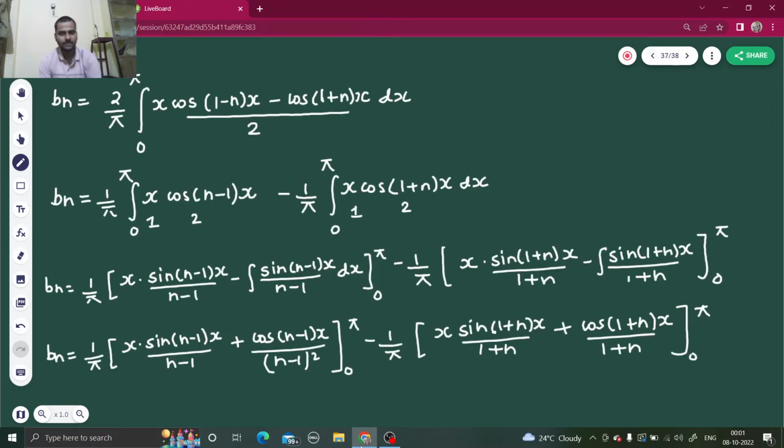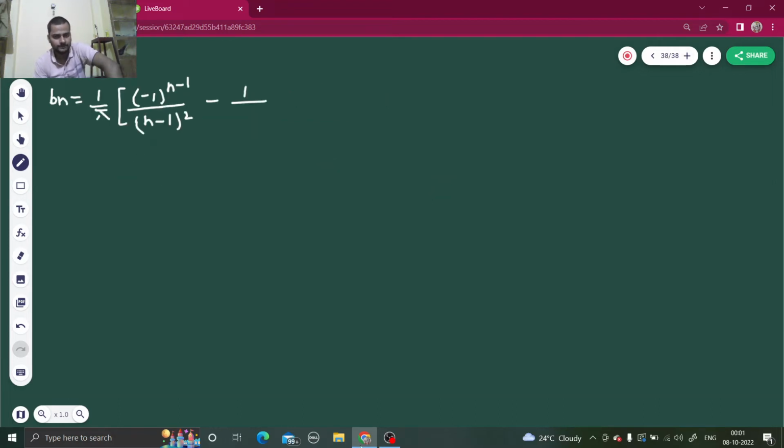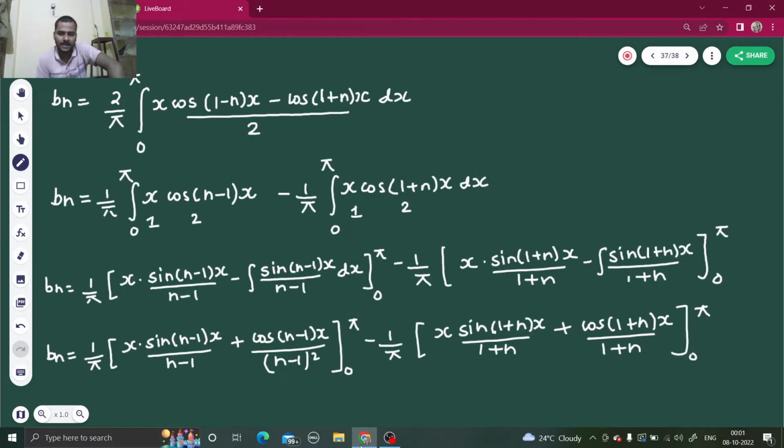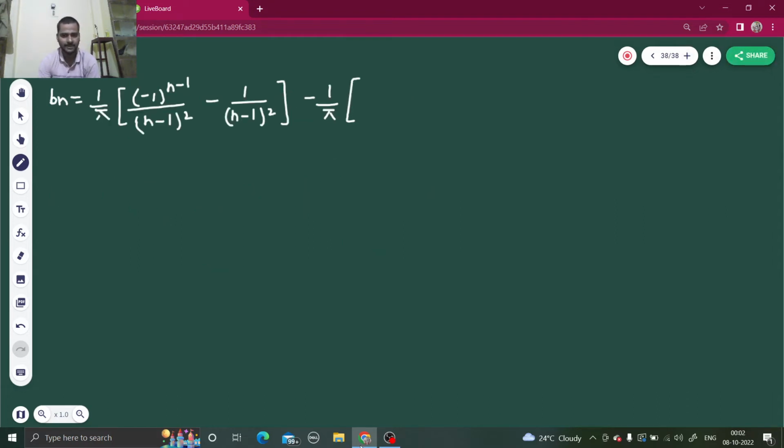Coming to the lower limit, when you put 0, the first term is going to become 0. Second term is cos 0 is 1 divided by (n minus 1) whole square. Then we have minus 1 by pi. Here if you put pi, then sin(n plus 1)pi is going to become 0. cos(n plus 1)pi is again (minus 1) power (n plus 1) divided by (n plus 1) whole square, is already there.